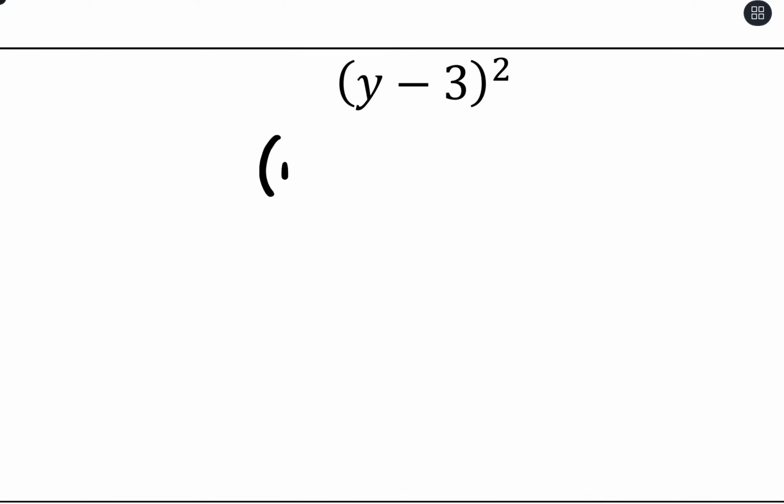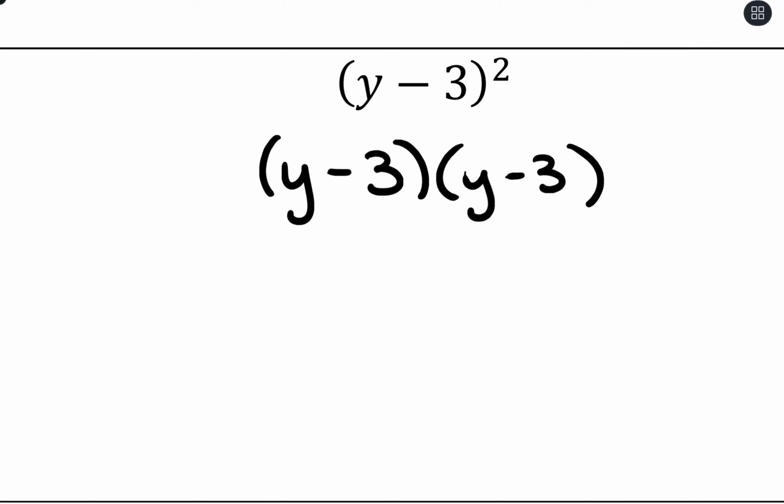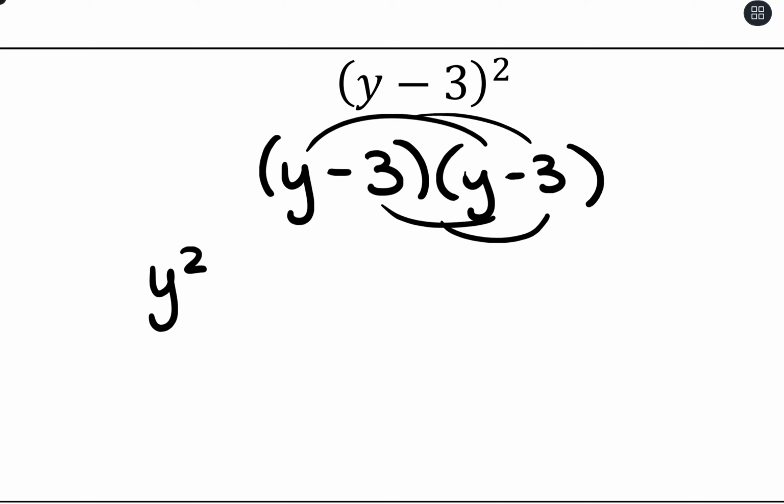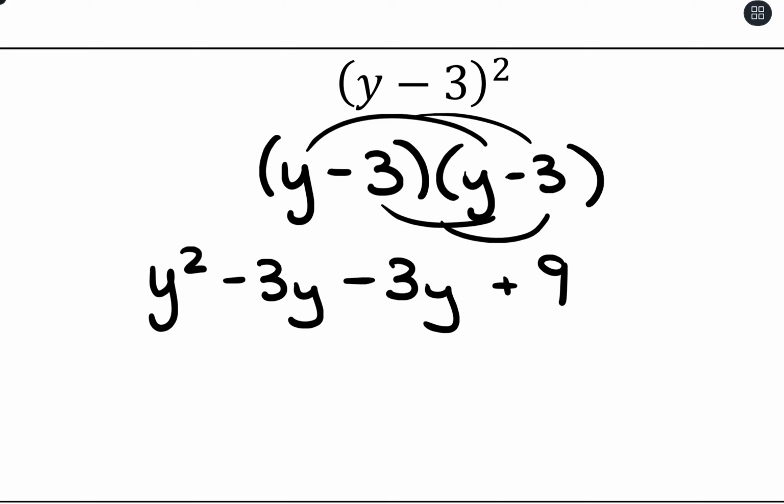Similar idea here, but with subtraction. So again, think of FOILing. So we'll have y squared minus 3y minus 3y plus 9. So that'll be y squared minus 6y plus 9.